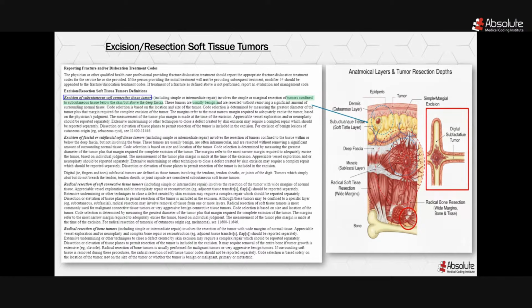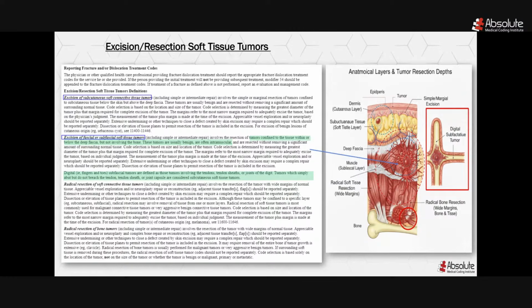Next, let's look at the excision of the fascial or subfascial tissue tumors. Here the tumors are located within or below the deep fascia, but they do not involve the bone, and they are usually benign in nature and often intramuscular tumors.